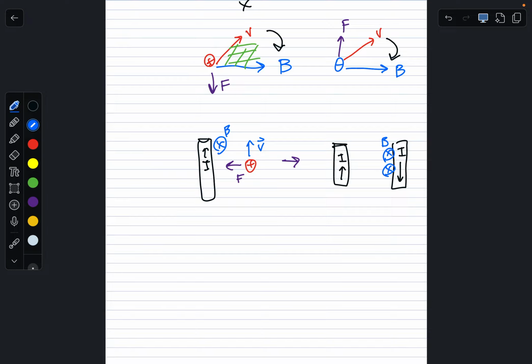So that's our area vector. And then our B field is at some other angle, and the angle between them is theta. So this is a measure of how much B field is going through an area.